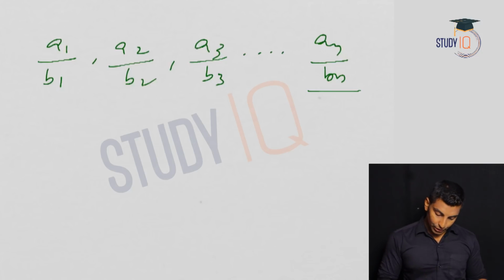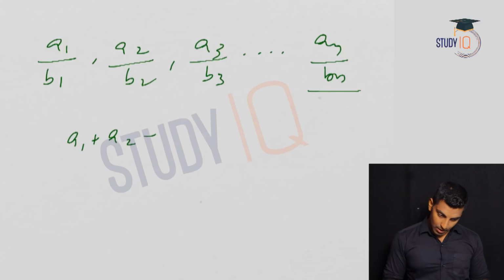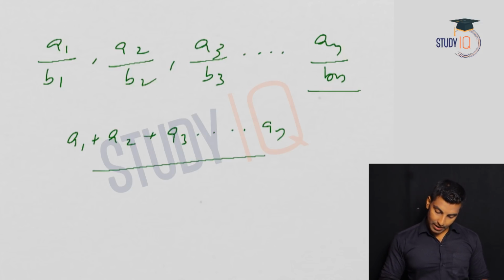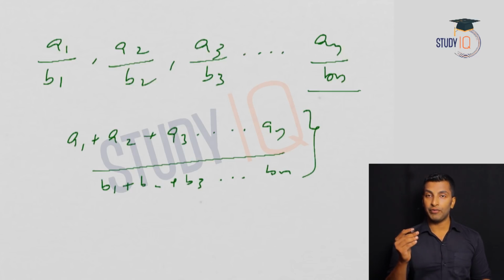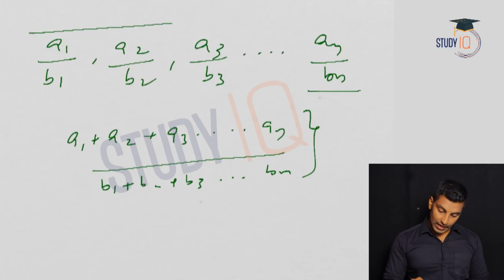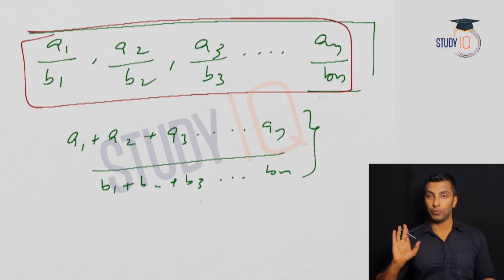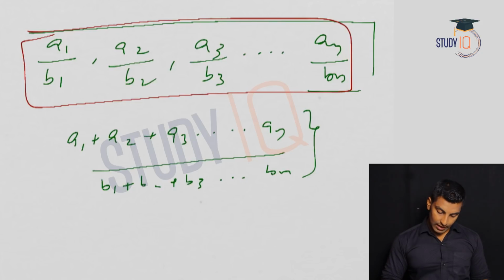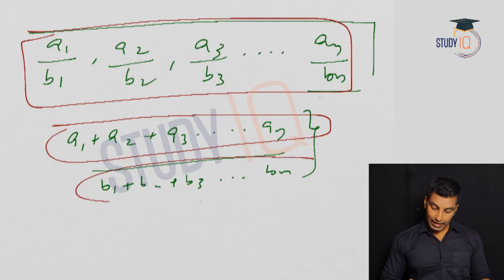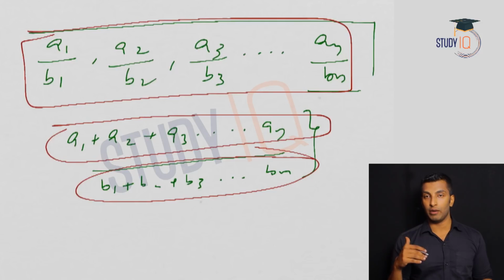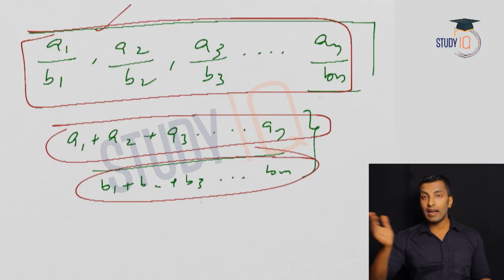Then the ratio A1 plus A2 plus A3 up to AN, you are adding the numerators, divided by B1 plus B2 plus B3 up to Bn, will lie between the lowest among these ratios and the highest among these ratios. So if you take the ratio of the sum of numerators and the sum of denominators, that will lie between the lowest and the highest among these.